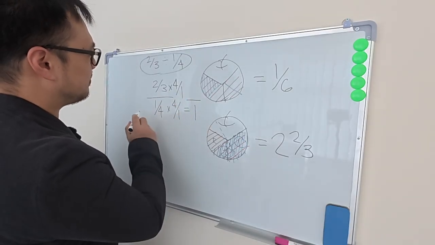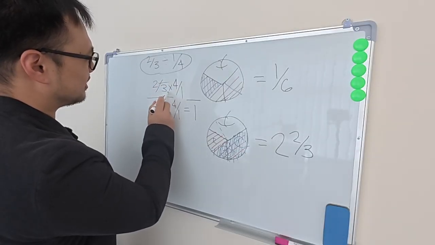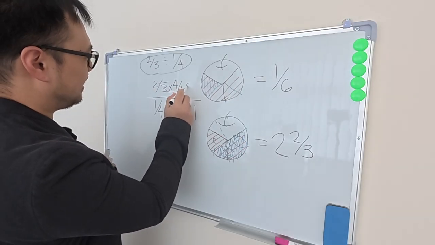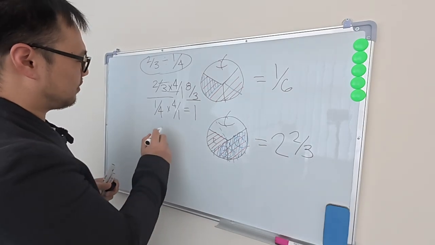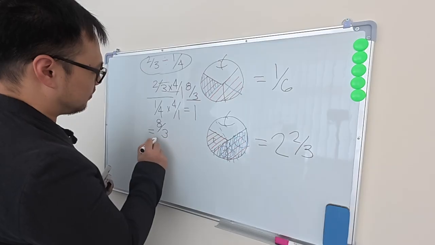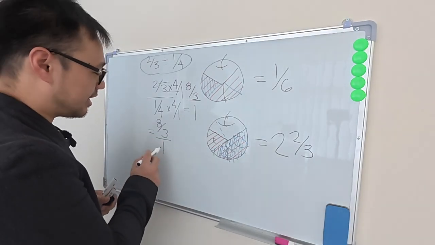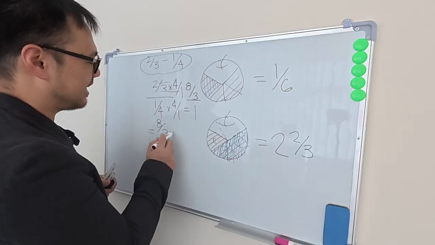And the top will equal, so when we multiply fractions, we just do it straight ahead, okay? Straight there, straight there. So it's 8 over 3, okay? So 8 over 3 over 1. And as I said earlier, when the denominator is 1, whatever is the numerator, that will be the answer, right?